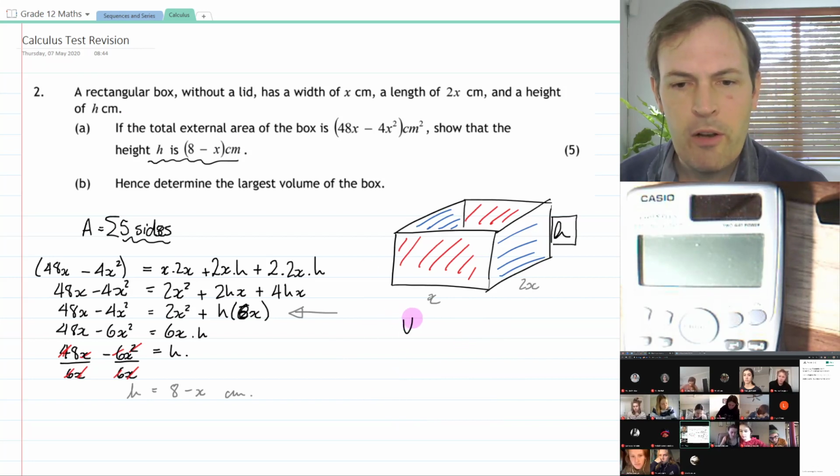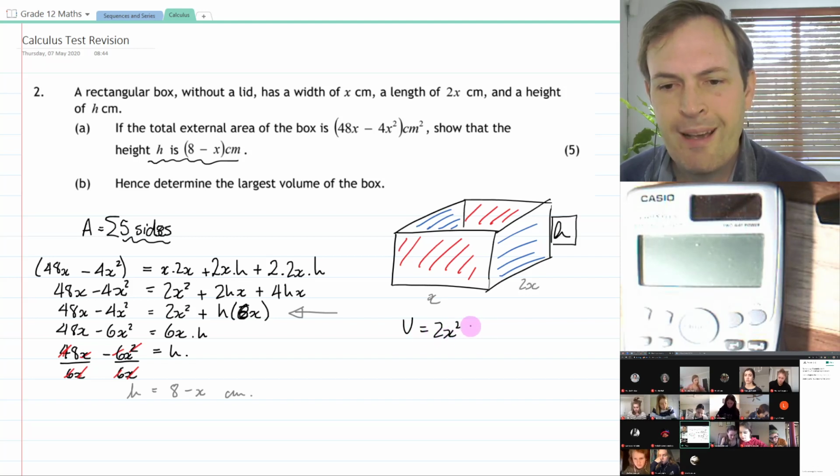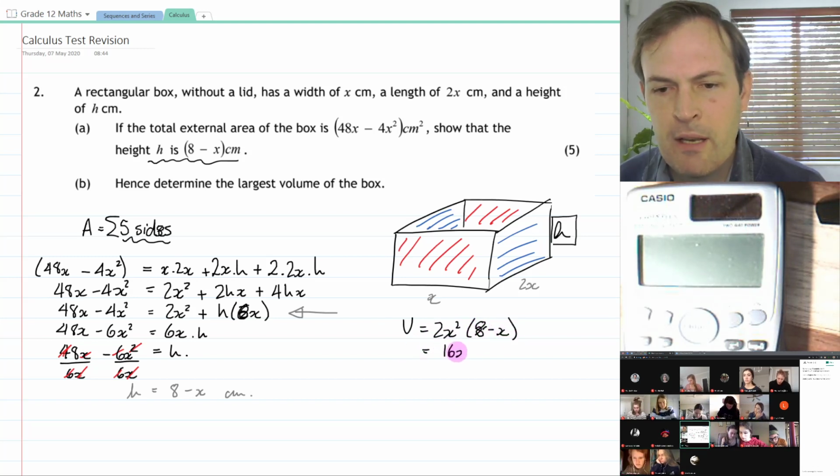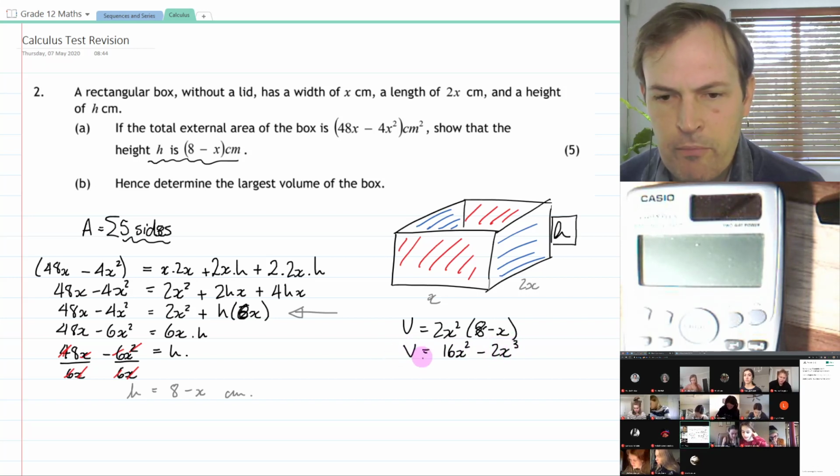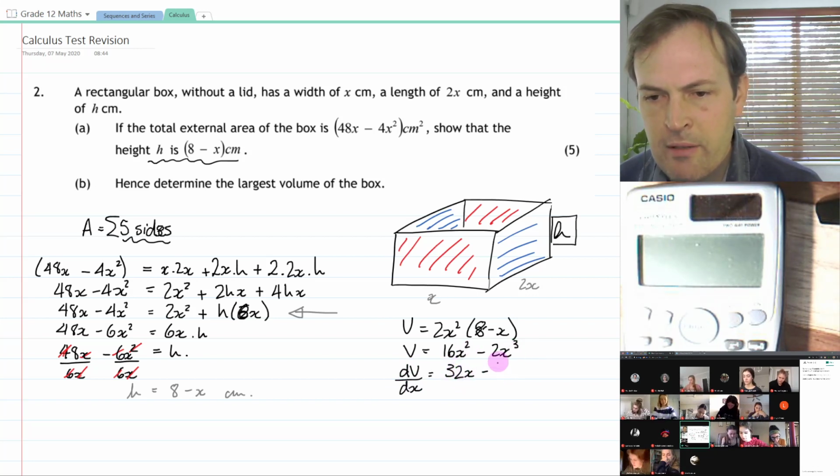So our volume is going to be 2x squared times 8 minus x. Multiply that out. That's going to be 16x squared minus 2x cubed. So now I can solve the derivative of volume. dV by dx is equal to 32x minus 6x squared.